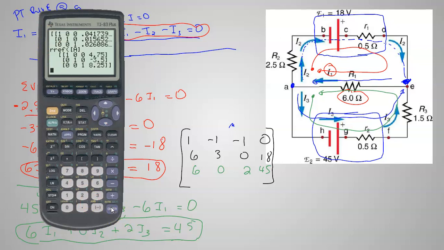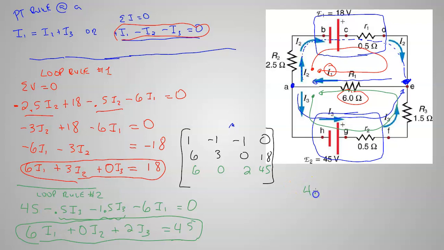And there's my answers. Okay, 4.75 would be the current in the first branch. I'm going to write this as a column vector here. Sometimes you'll see people switch out of the matrix version and just go I1, I2, I3 as a column vector.